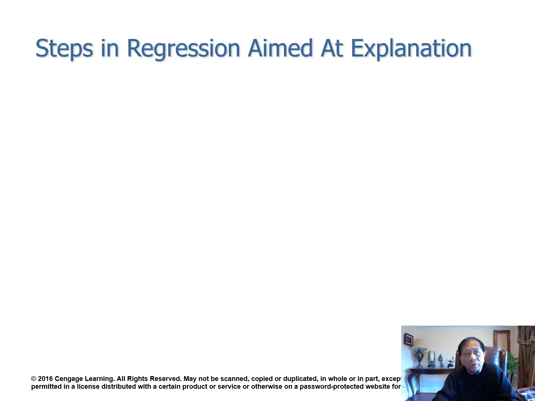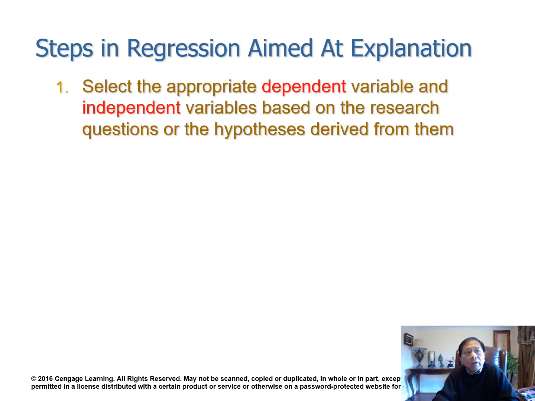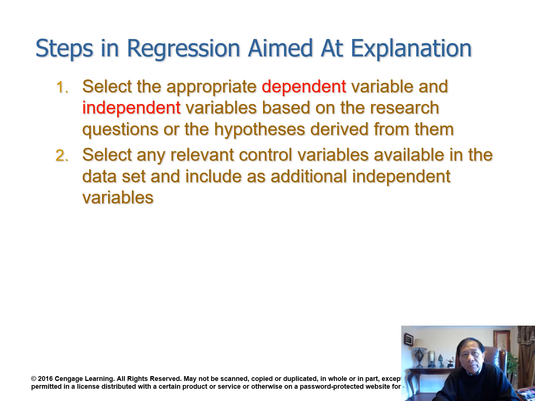The steps in regression aimed at explanation: you select the appropriate dependent variable and independent variables based on the research questions or the hypotheses derived from them. In your project, I want you to use your attitude measurement, opinion attitude measurement using a Likert scale, as a dependent variable.